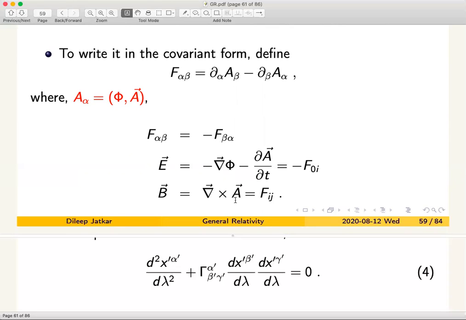Similarly, B is a magnetic field which is a curl of A, and if you look at the ith component, it is actually written as half of epsilon ijk Fjk. That is the correct way of writing it. This way of writing it is just to indicate which components of F alpha beta contribute to E versus the components contributing to B. I shouldn't really be calling it an equality.